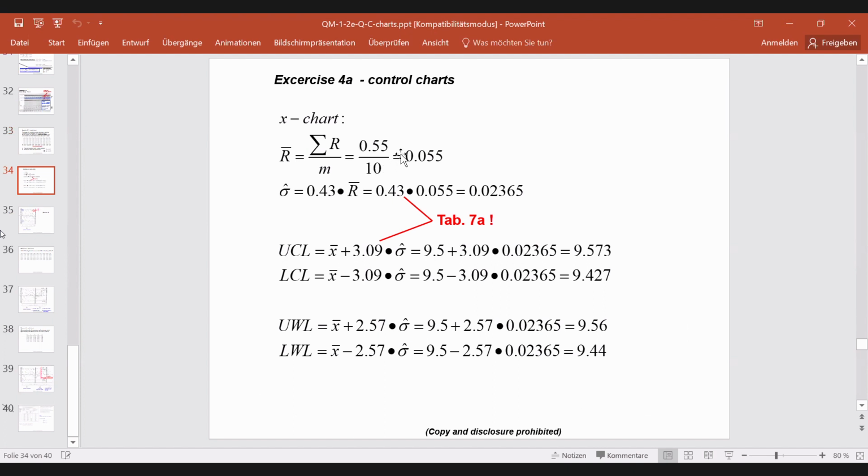Then you have the mean of the ranges. Next step is to calculate sigma roof, the estimated standard deviation of the population. This is this value here. With these two things, you can calculate upper and lower control limits and upper and lower warning limits.